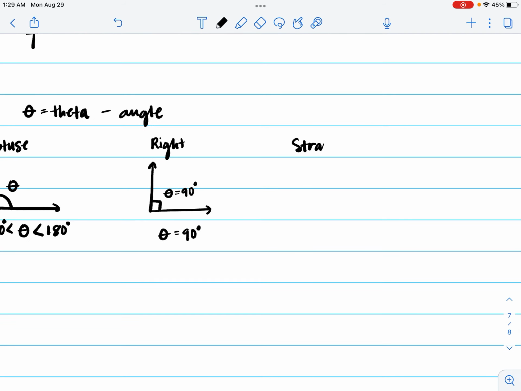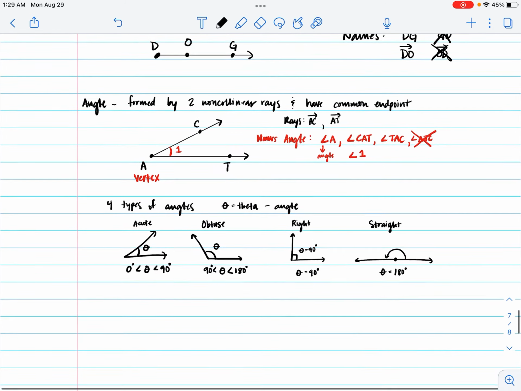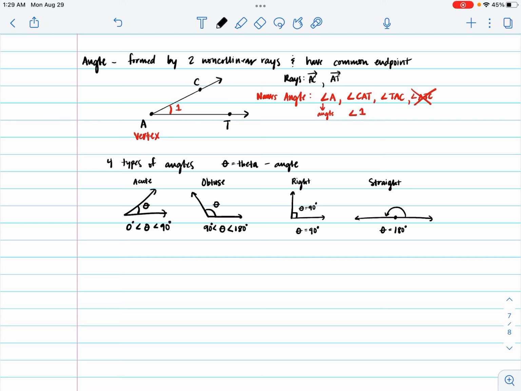And then our last angle is what we call a straight angle, where it's literally a straight line. If you create this angle and put a point right in the middle, you could say theta is equal to 180 degrees. In other words, it's a straight angle. Okay, so those are your 4 types of angles.